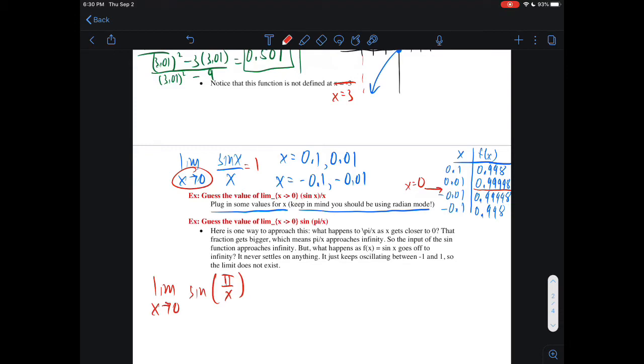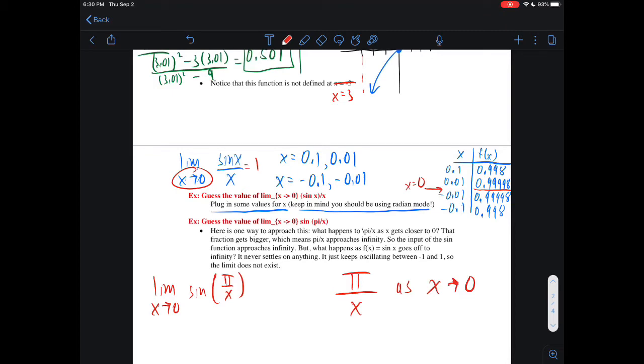What happens to the fraction pi over x as x gets closer to 0? If you were to just think pi divided by x as x approaches 0, you're taking a number that's constant, pi, and you're dividing it by smaller and smaller numbers, which is the same thing as dividing by fractions.